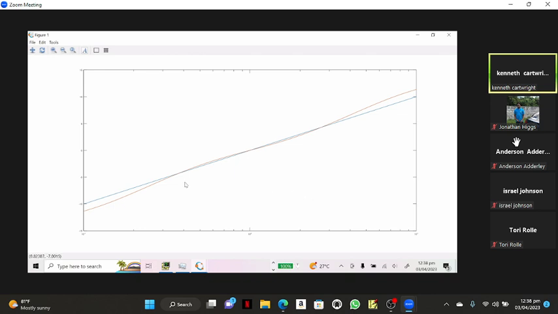Okay. And the blue is the square root of S. And the red is the approximation, which you see is pretty good around omega equals 1.